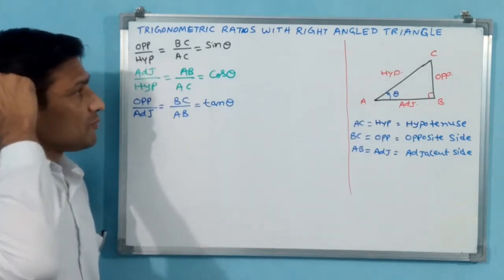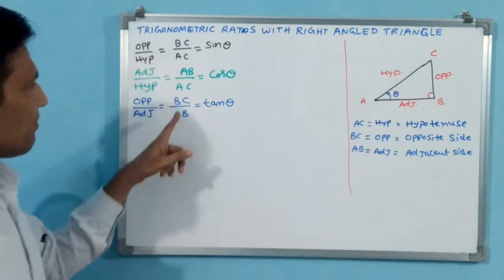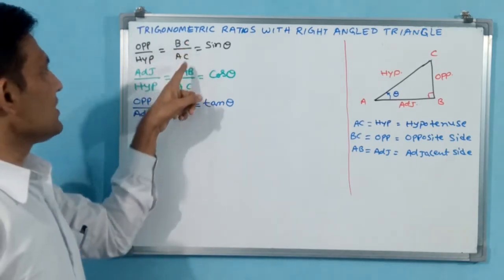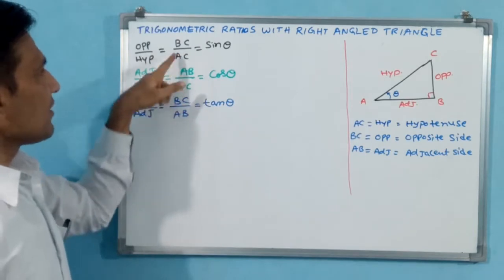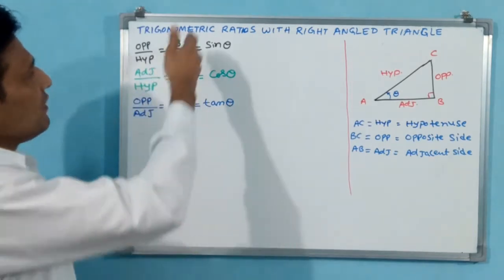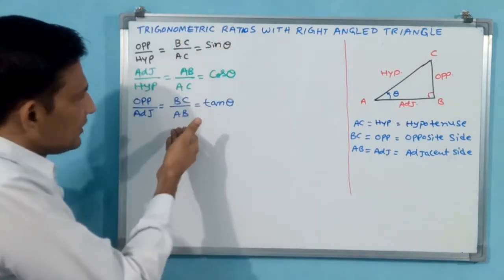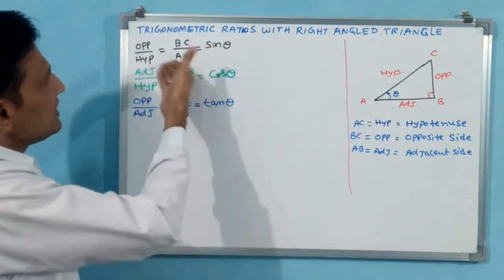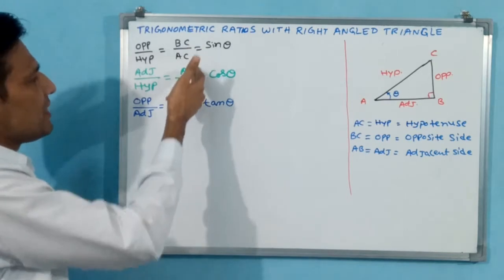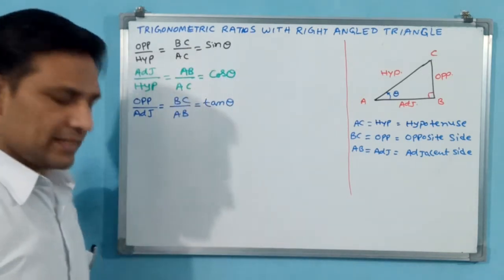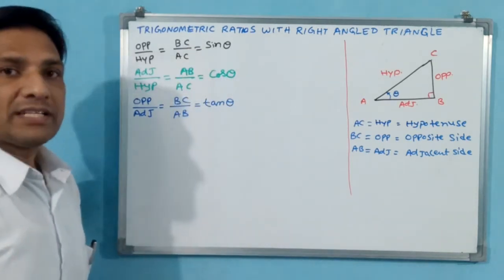If you observe clearly, BC by AB means BC by AC over AB by AC. Both denominators have AC. Even if you make sin theta by cos theta, tan theta is going to come, because AC gets cancelled and BC by AB remains, tan theta. Then what can we understand?